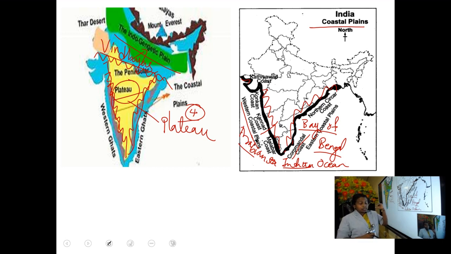Then India is also called a peninsula. You know why? Because three parts of our country are covered with water. If a land area is covered with water on three sides, it is called a peninsula. So India is called a peninsula because three sides of India are covered with water.